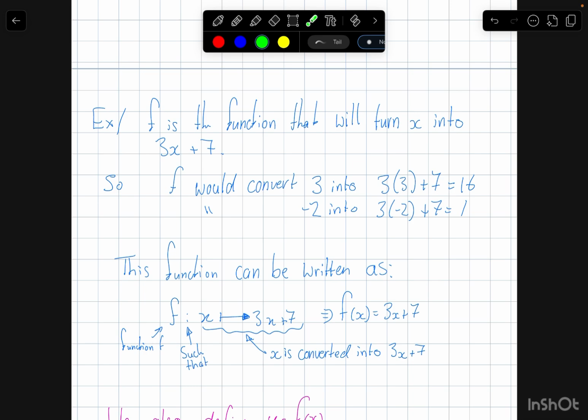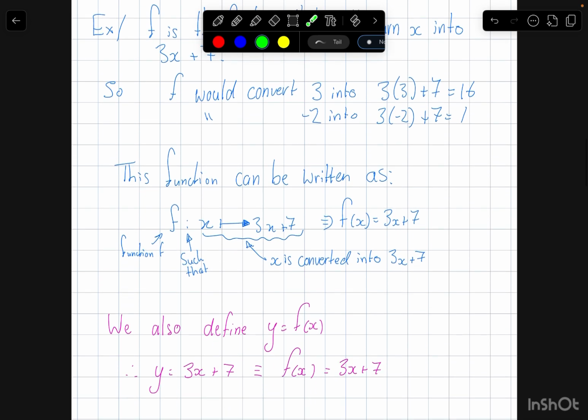The more typical way is on the right hand side: the function f of x equals 3x plus 7. If you see something like this, f bracket x equals 3x plus 7. You can see that they are similar, and we typically use the one on the right.